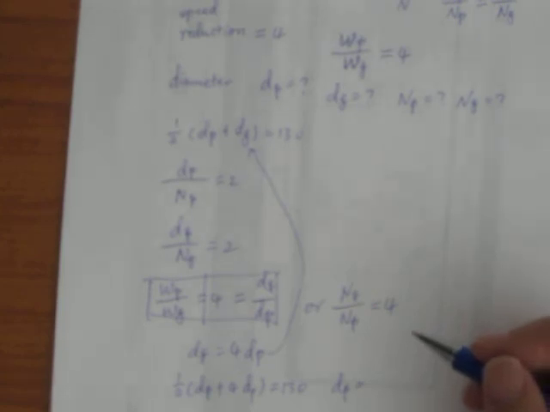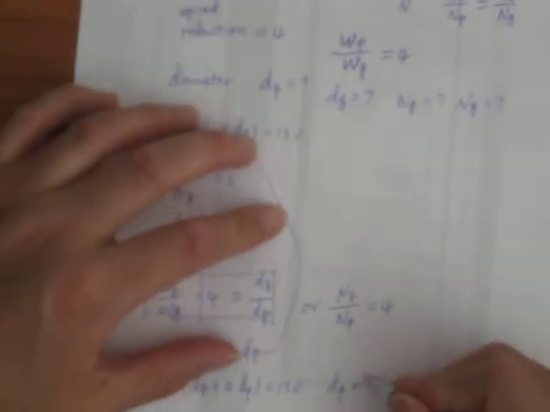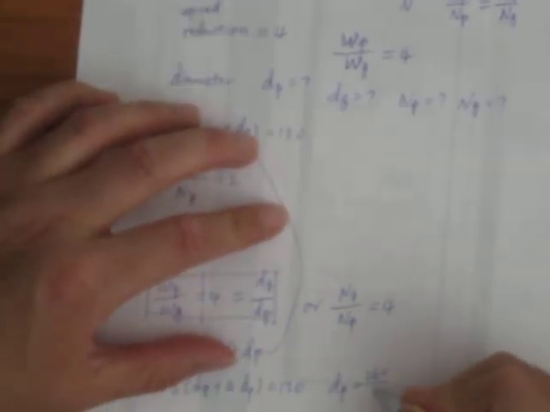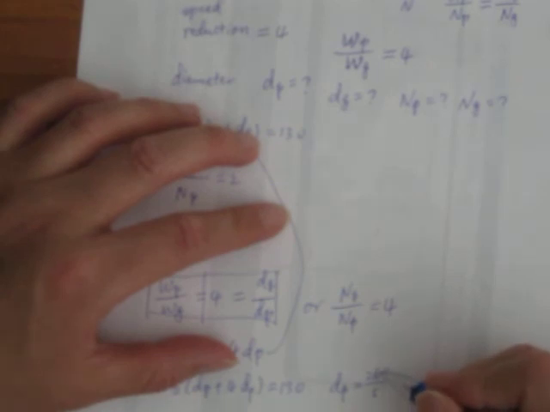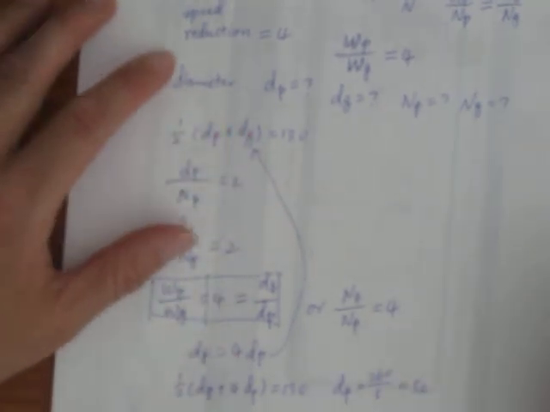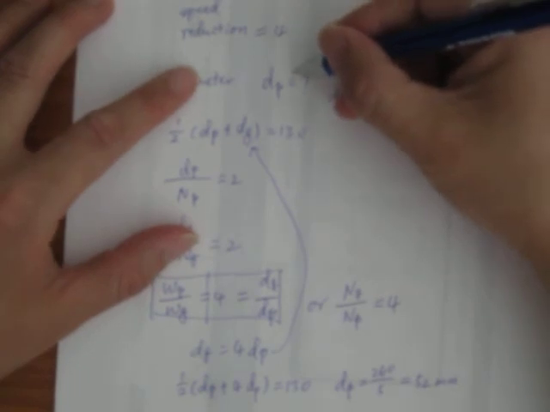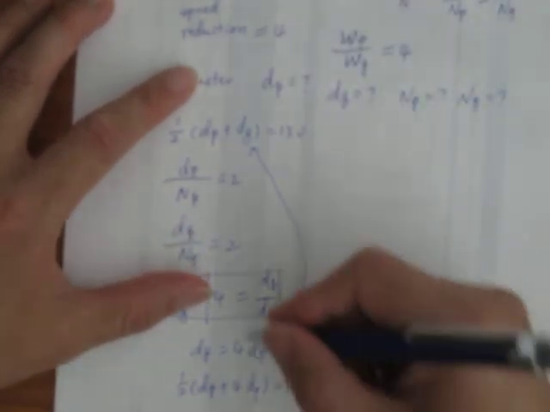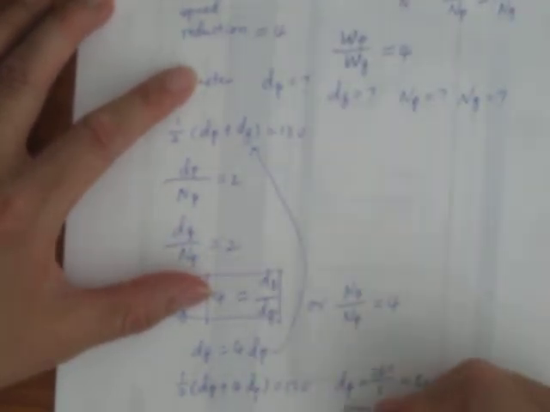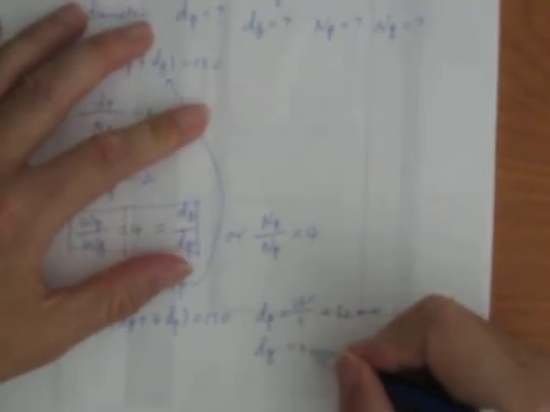I didn't do the calculation, but 260 divided by 5, so how much is that? 5, 20, and 10, 52 millimeter.